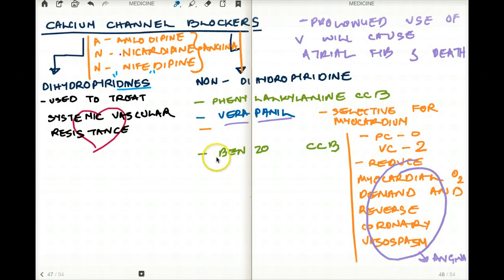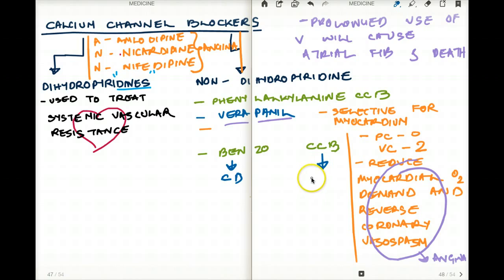So the next category is benzo calcium channel blockers. By having both a cardiac depressant, which is the benzo, and a vasodilator action of the calcium channel blocker, they both reduce arterial pressure without producing some degree of reflex cardiac stimulation. So when we use benzo, benzo is a cardiac depressant, and the calcium channel blocker is a vasodilator.